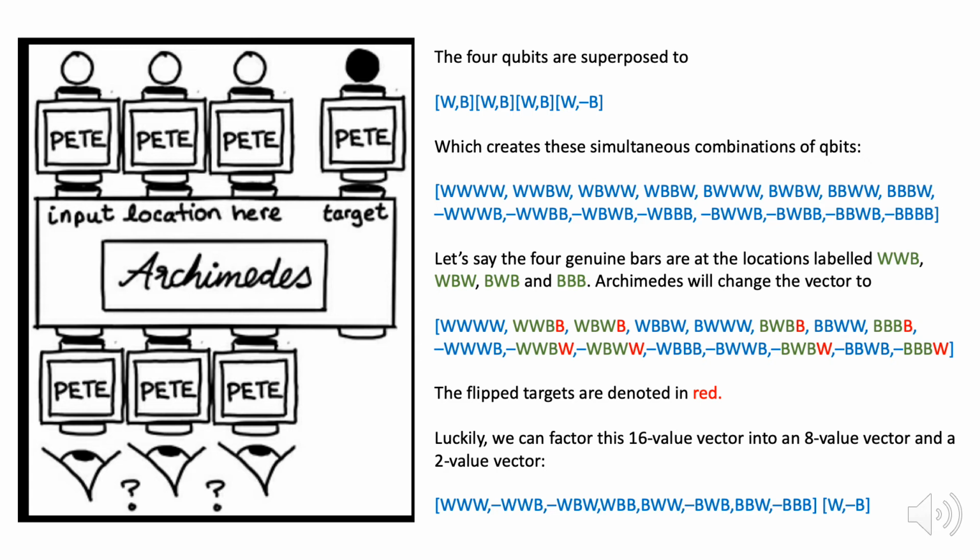For the possibilities that include the real gold bar addresses, Archimedes will flip the target. So when the qubits flow through Archimedes, they'll come out transformed into a different vector of 16 possibilities. In this vector, it's the same as the first one, except in the possibilities where the first 3 bits correspond to real addresses, the 4th bit is flipped. You see those in red, the ones that are flipped.